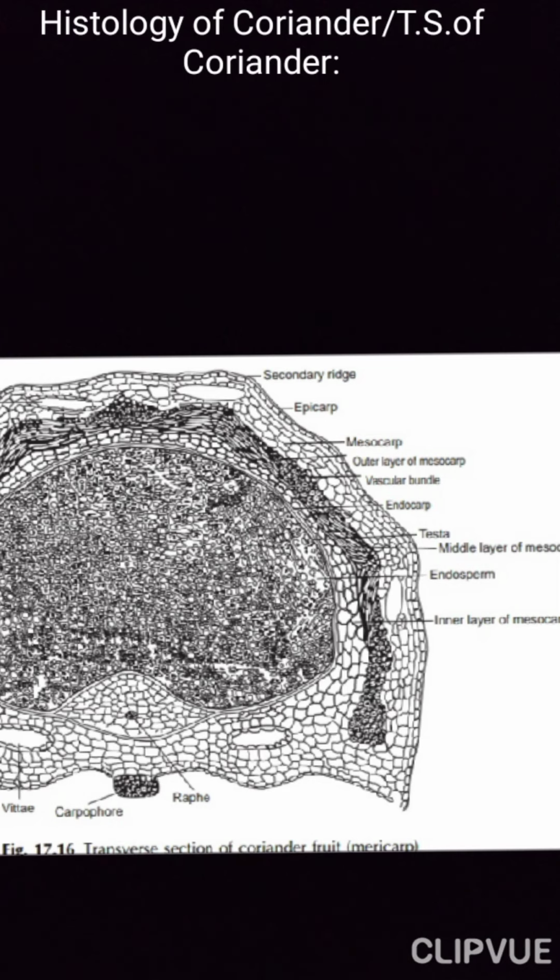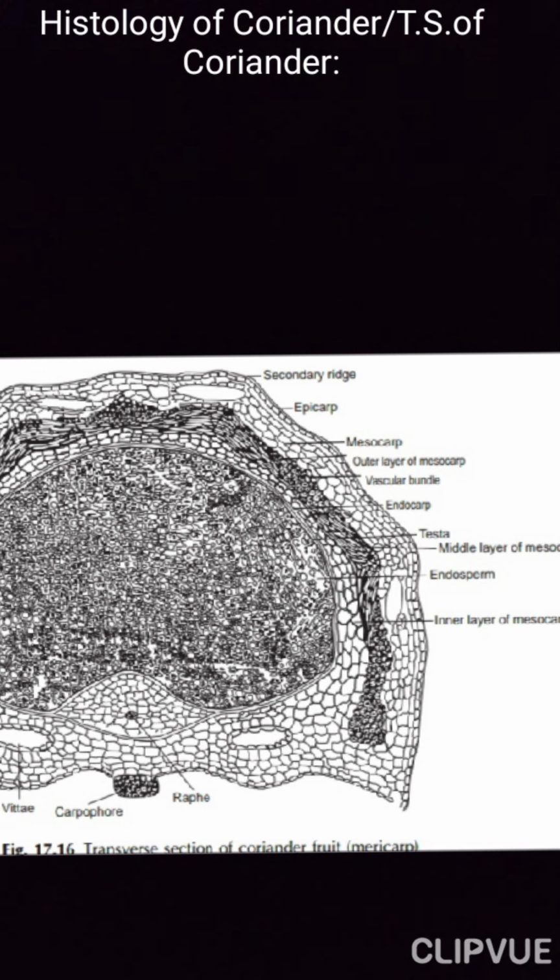Under histology, you can see in the image the different parts which you are going to observe and describe under the transverse section of coriander fruit. You can see secondary ridges, epicarp, mesocarp, outer layer of mesocarp, vascular bundle, endocarp, testa, middle layer of mesocarp, endosperm, and the inner layer of mesocarp.